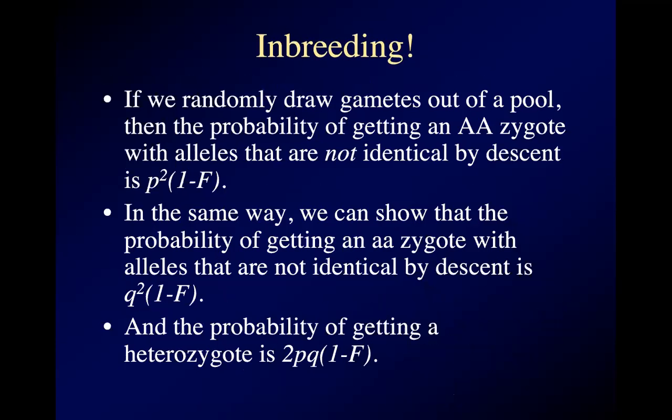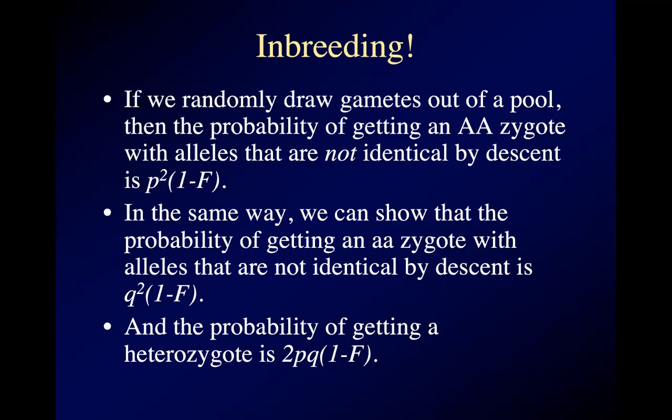The probability of getting a big A zygote with alleles that are not identical by descent is P, the probability that the egg will have a big A allele, times P, which is the probability that the sperm will have a big A allele, times 1 minus F, which is the probability that the alleles aren't identical by descent.